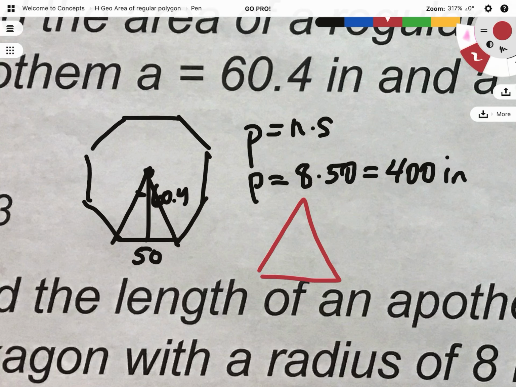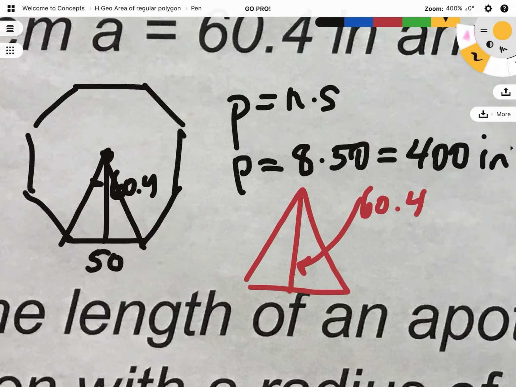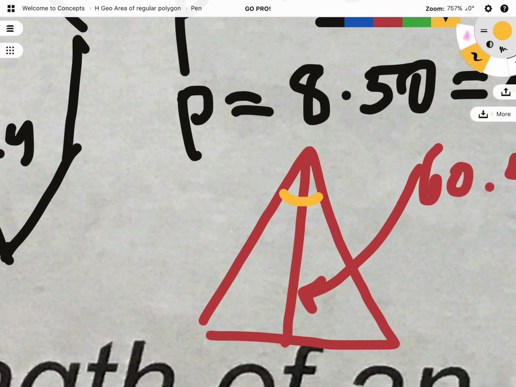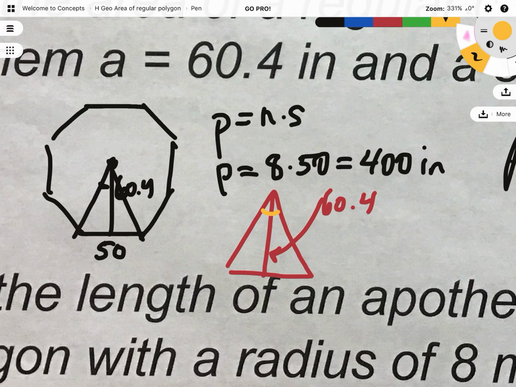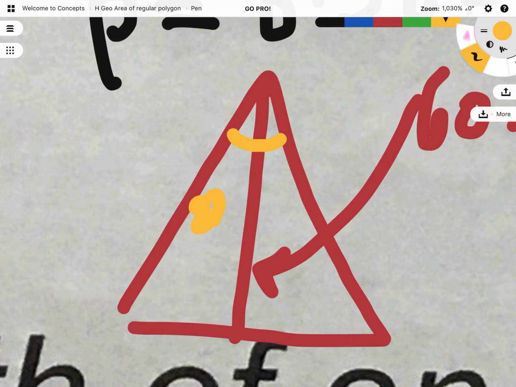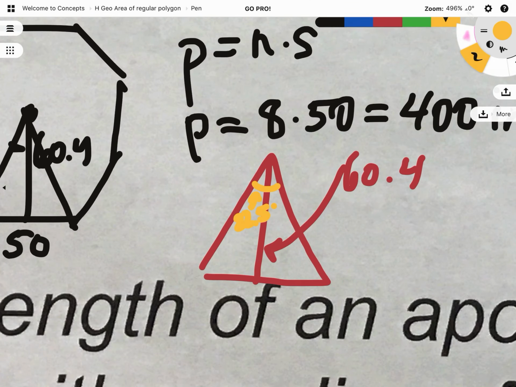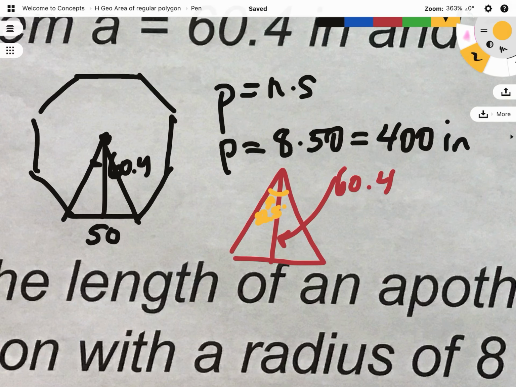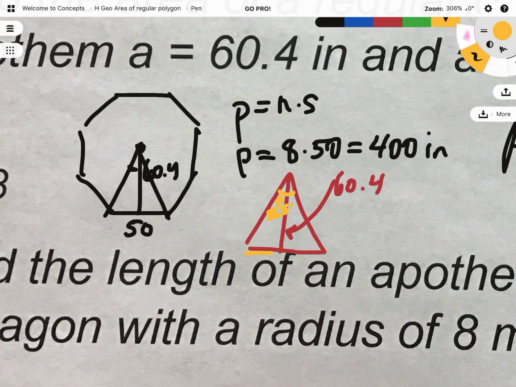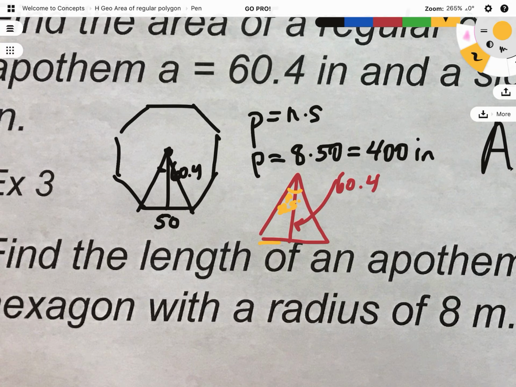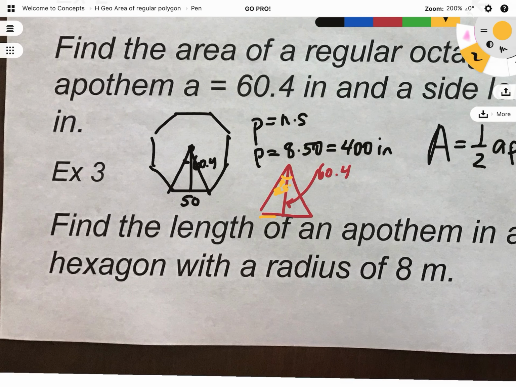If we weren't given that side length, if we know this is 60.4, we could calculate what this angle up top here is by taking 360 divided by 8, so getting 45, and then dividing that by 2, and we get 22.5 degrees for this right there. And then we can use trig again to find this side down here. And then multiply that by 2, and then we get S.